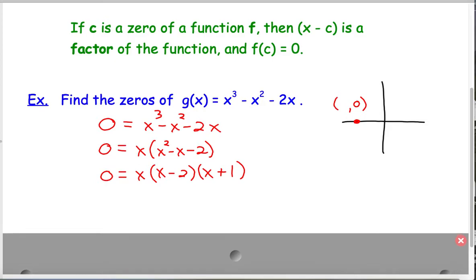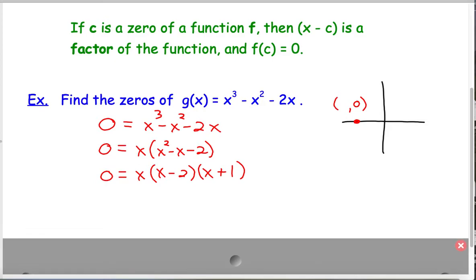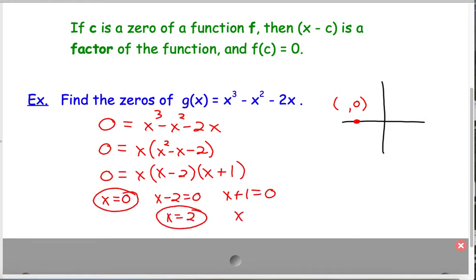So now I have everything factored. So I'm multiplying three different things. So that means either x is equal to 0, or x minus 2 is equal to 0, or x plus 1 would have to equal 0. And in those cases, I get x equals 0, or x equals 2, or x equals negative 1. And so those are my zeros of this function.